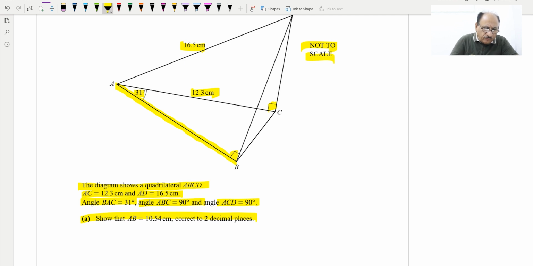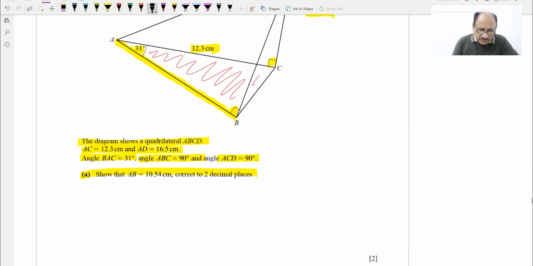So we can consider this triangle, and we can take adjacent over hypotenuse. We are using trigonometry, so we can take AB over AC, which is equal to cos theta, cos 31 degrees.